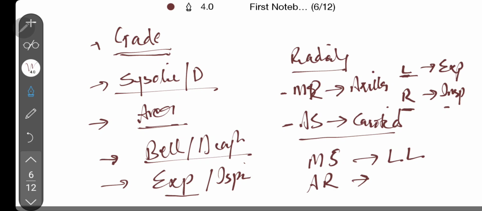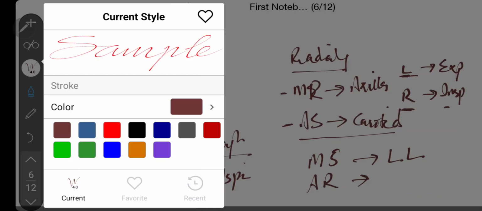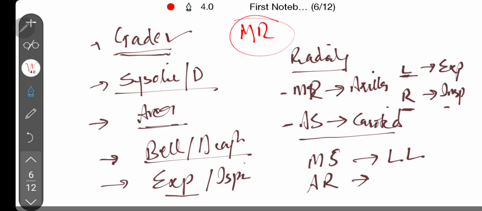So how are you going to define a murmur? Say, for example, take mitral regurgitation. There is grade 3/6, whatever the grade is. So there is a grade 3/6 pansystolic murmur. And where is that?